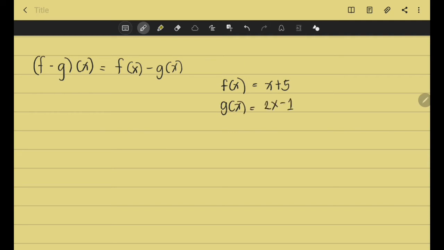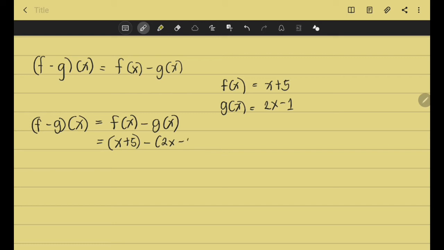So let us find their difference. So we have f minus g of x is equal to f of x minus g of x. Our first step is to substitute the value of f of x and g of x. So for f of x, we have x plus 5. And for g of x, we have 2x minus 1.